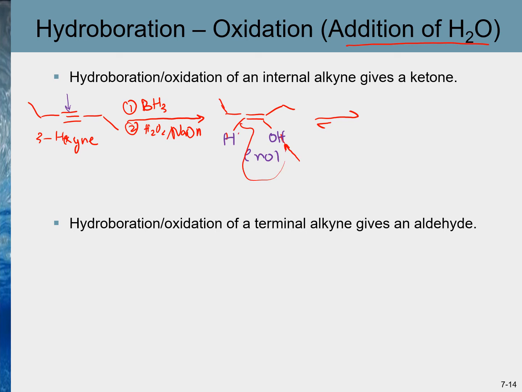This is not the mechanism, I'm just explaining the process, and the double bond shifts here. So that's the process, not the mechanism though. So the product at the end will be a carbonyl compound.